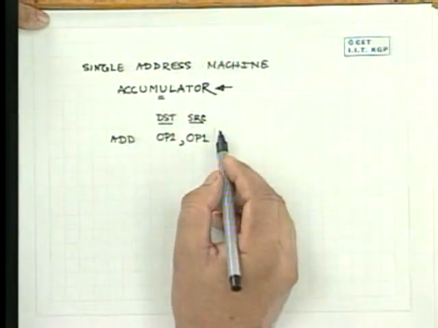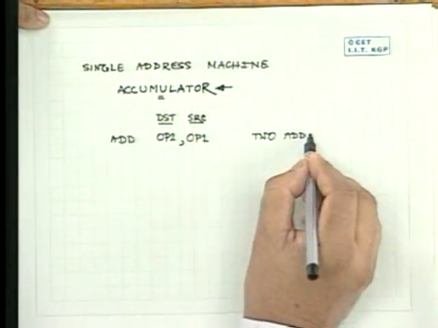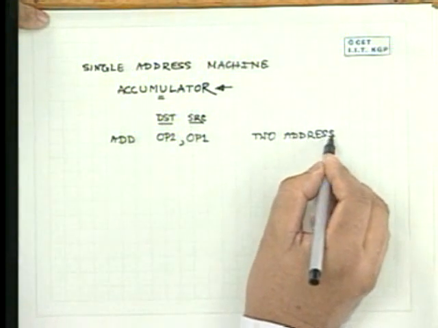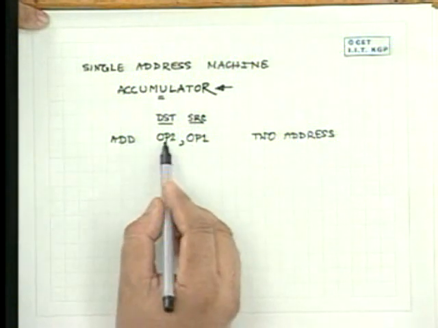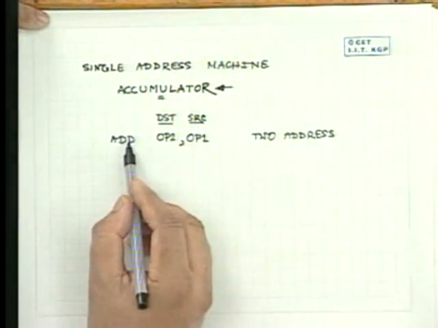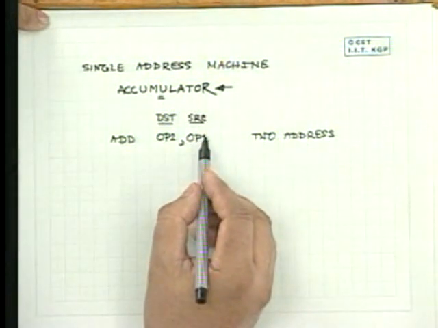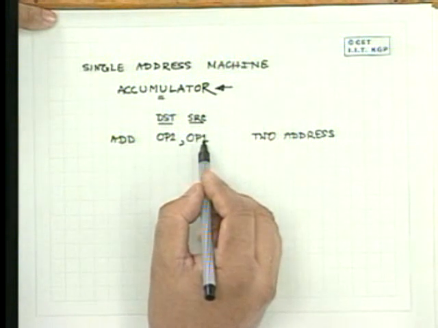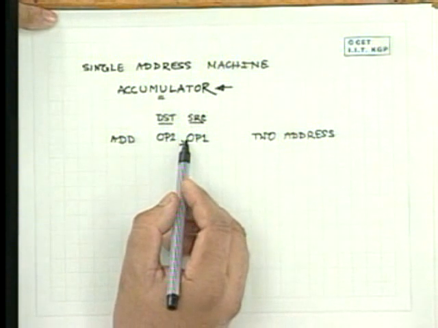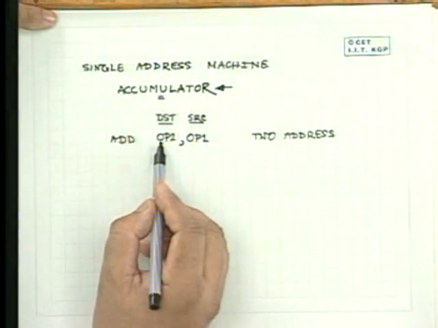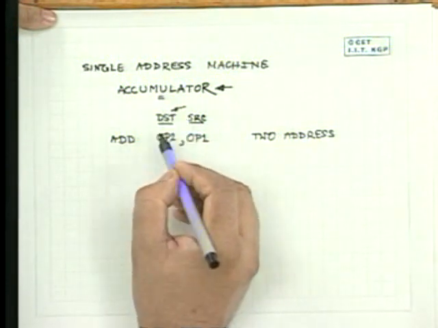Therefore, in the case of a two address machine, there are at most two operands, operand 1 and operand 2. Say if I say add operand 1, operand 2, that means the value as given by operand 1 will be added with the value as given by operand 2, and the result will be in operand 2, and that is why we sometimes call this a destination.